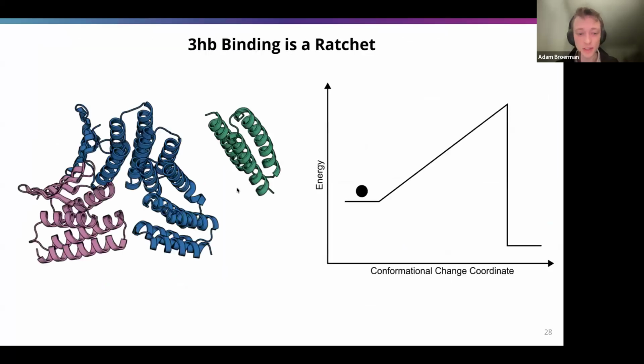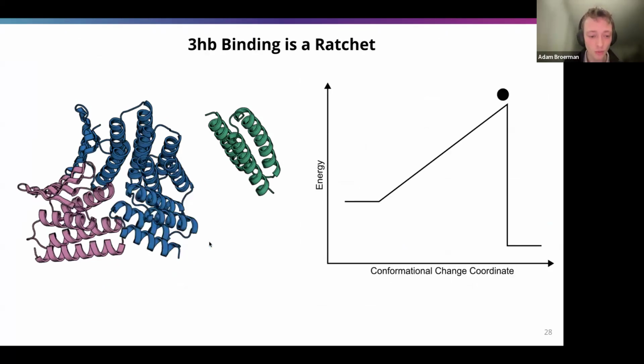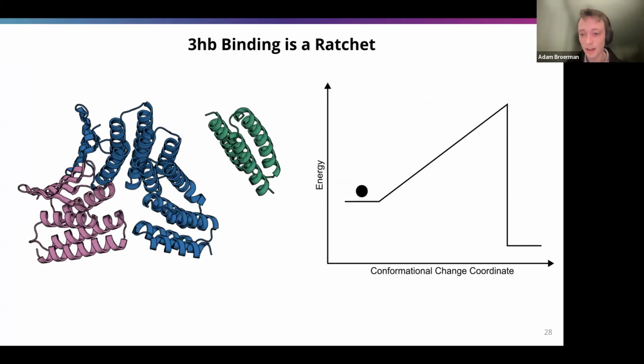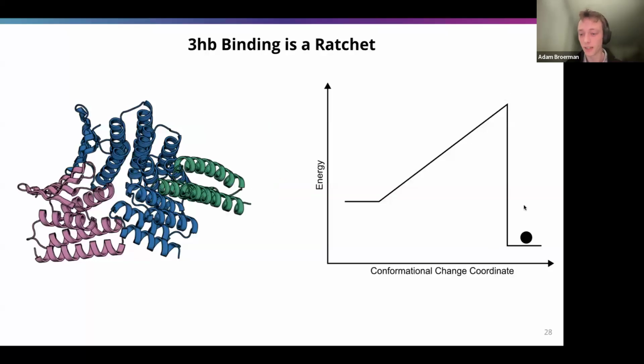So thinking about this almost provocatively in terms of protein motors, the binding of this rigid effector is kind of like a ratchet, where you have to switch all the way into this highly strained, unfavorable state, and only then can the rigid effector bind to stabilize that state. So you have this really high energy barrier for the whole process.